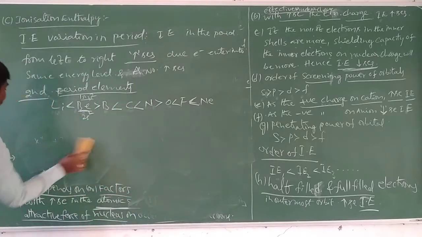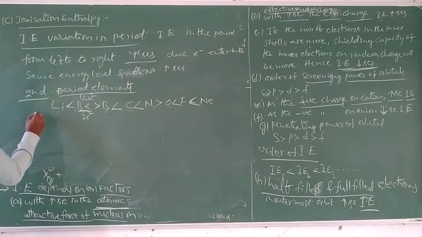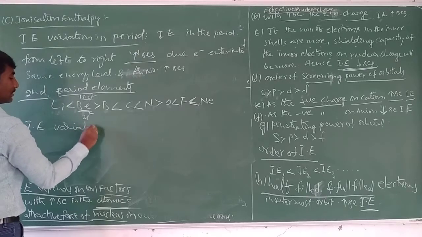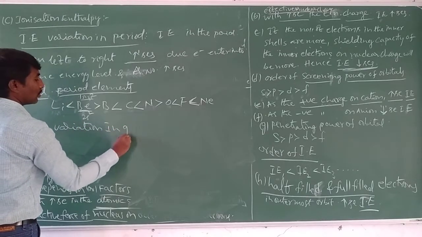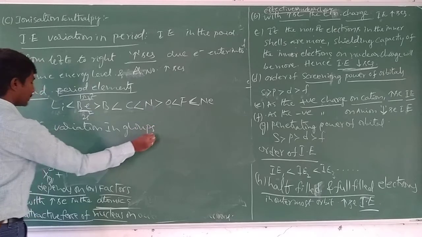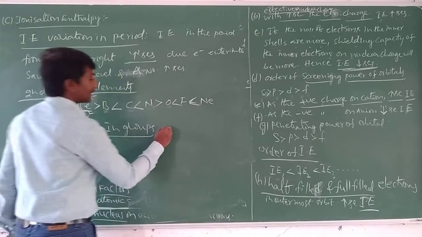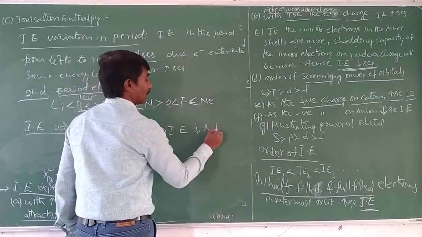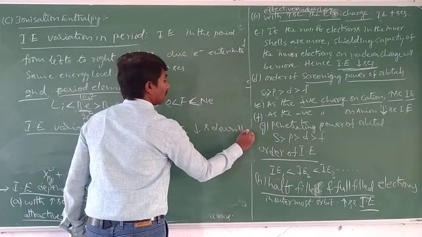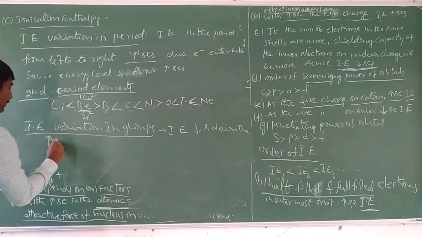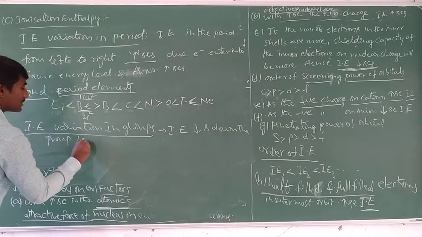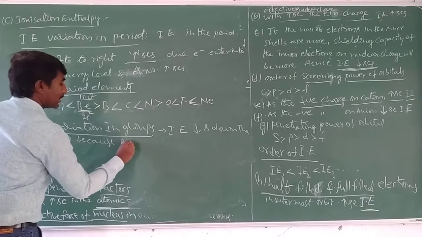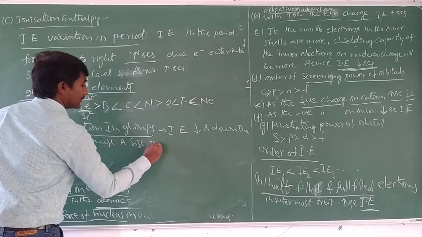And another thing is in the group. Ionization enthalpy variation in groups. So ionization enthalpy decreases down the group because atomic size increases.